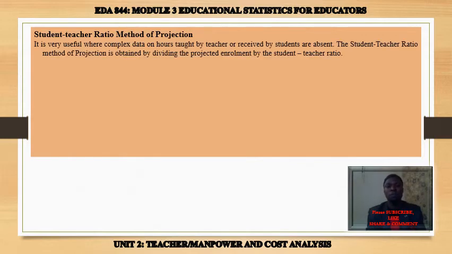Now, let's talk about the student-teacher ratio method of projection. In the course material, it is given that this method is very useful where complex data on hours taught by a teacher or received by students are absent. It is obtained by simply dividing the projected enrollments by the student-teacher ratio.